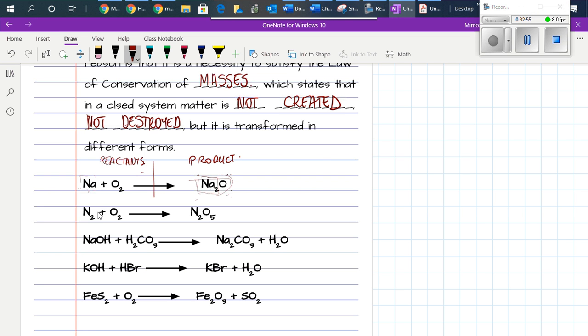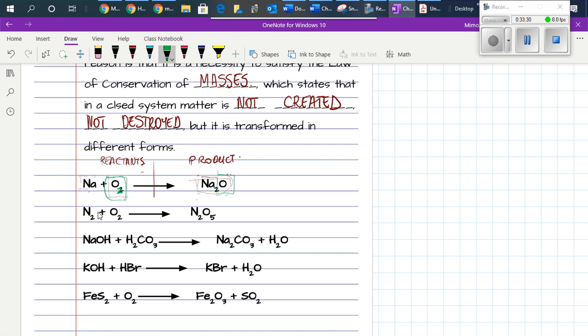Let's observe oxygen here. Oxygen in the reactant has 2 atoms. How do we know? Because of the little 2 that oxygen has. But when we observe the other side, we see only 1 oxygen. So as you see here, the number of atoms of the same element on the reactant side is not the same as on the product side.